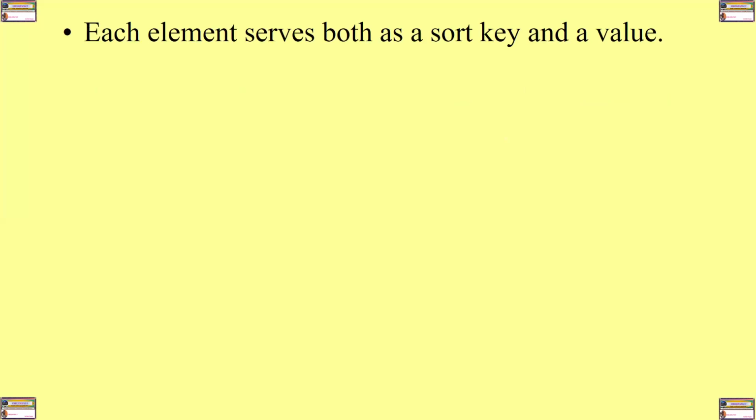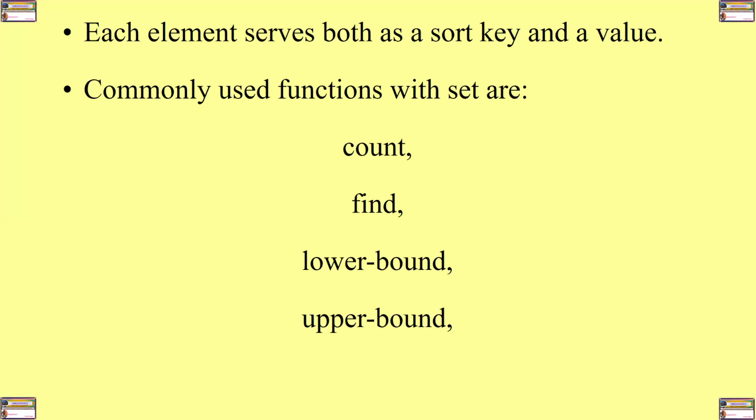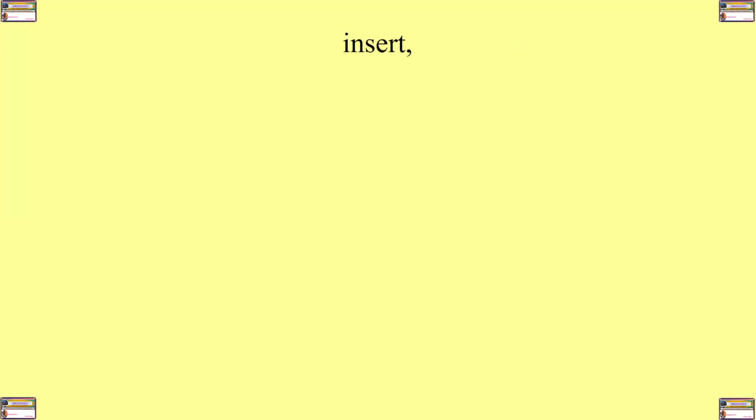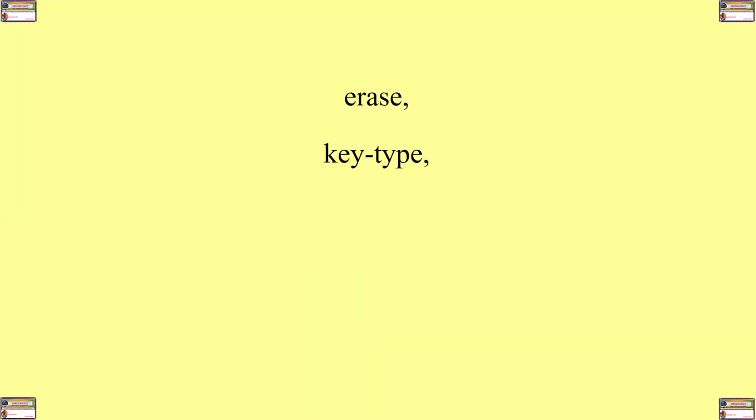Each element serves both as sort key and a value. The commonly used functions in set include count, find, lower bound, upper bound, empty, insert, max size, value comp, key compare, size, value compare, erase, key type, swap, value type.